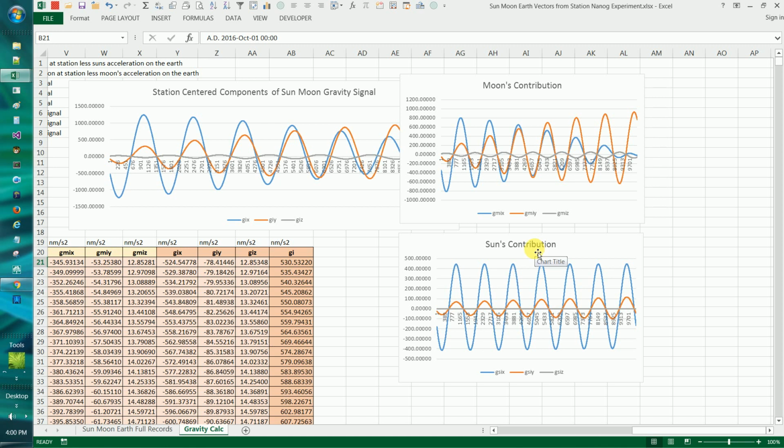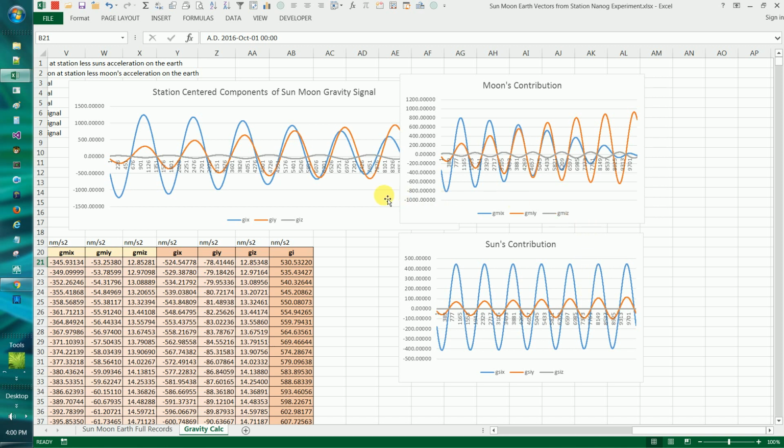If we can get to the point where we have 3-axis gravimeter arrays, each individual gravimeter, once it's calibrated, can be inverted. The data can be inverted to tell you this portion. If you say that I know the moon's contribution, you can solve for the sun's contribution. Do you understand what I'm saying? Let me repeat that.